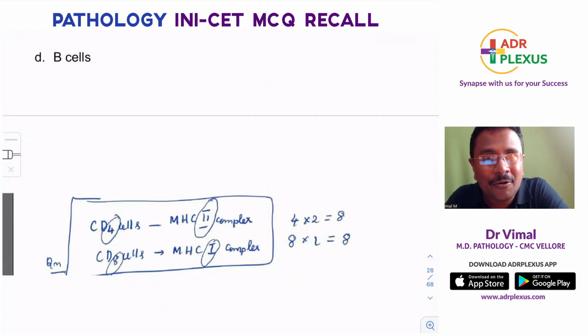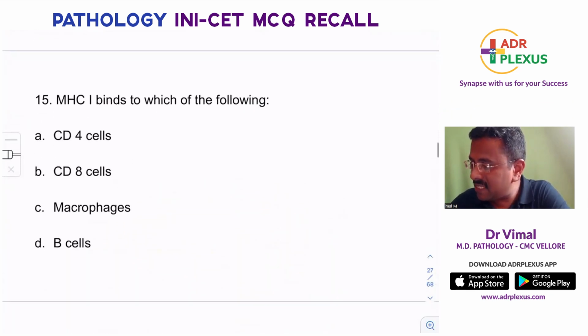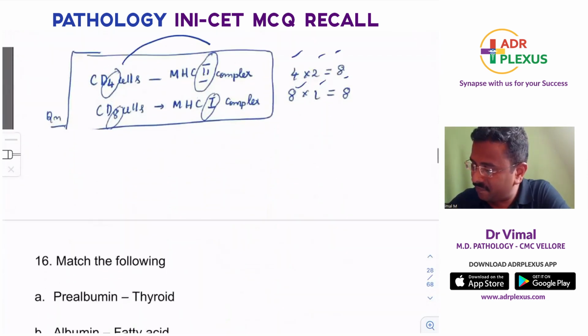I told you to remember the mnemonic: if you multiply everything, it should come as 8. CD4, that is 4 into 2, 8, and 8 into 1, 8. So CD4 cells bind with MHC2, and CD8 cells bind with the MHC1 complex. So the correct option here is that MHC1 binds to CD8 cells.